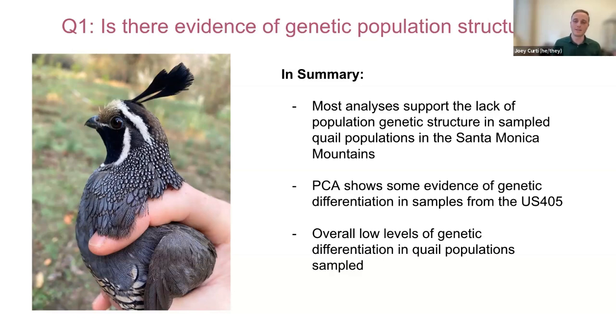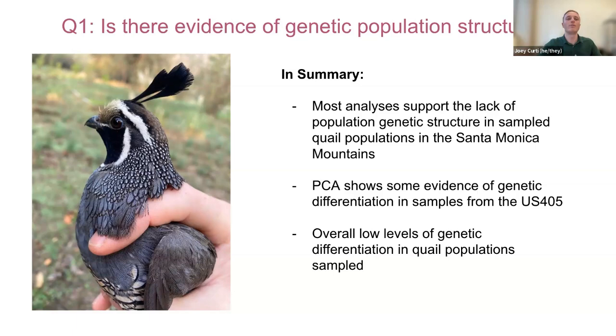Although the PC analysis does show us some evidence that there is maybe some fine scale genetic differentiation across the 405 freeway. And overall, there are just generally low levels of differentiation in quail populations. We still have additional analyses to run for this, but I think that gives us a pretty good picture of what we can expect for these birds.